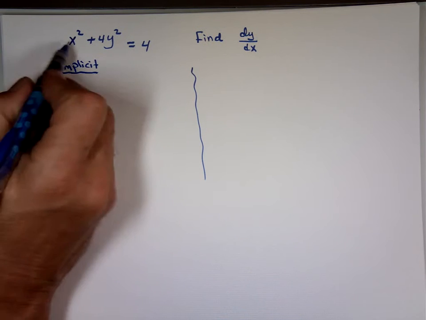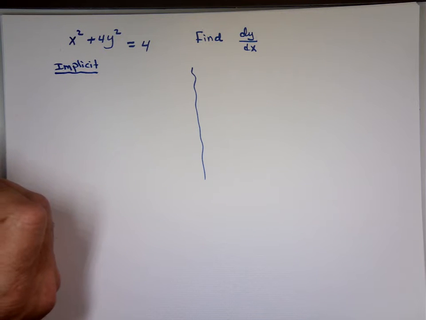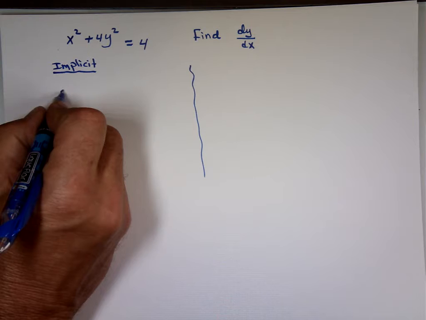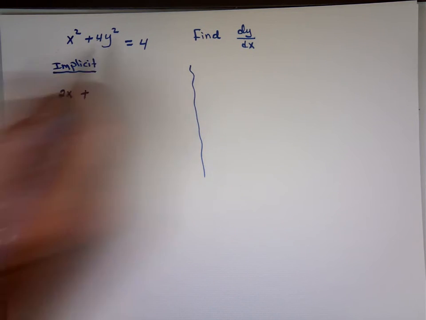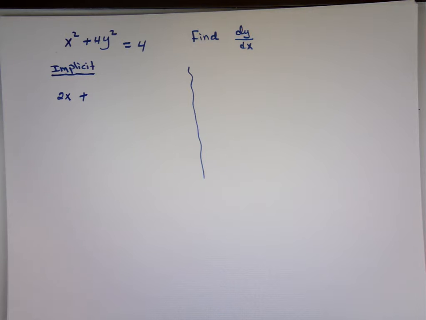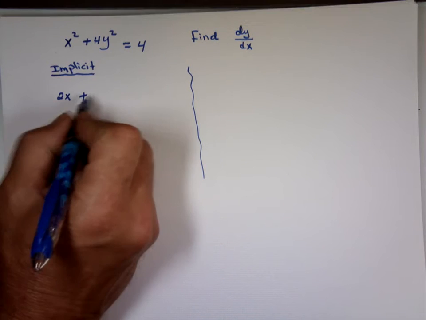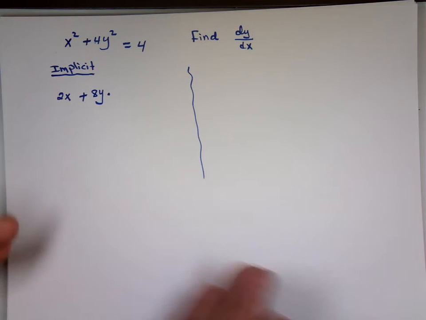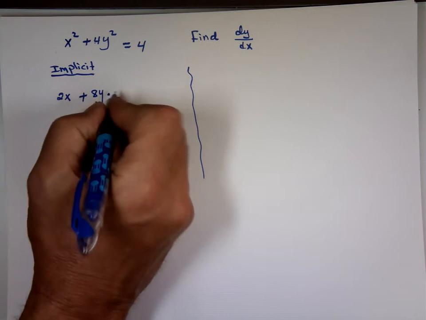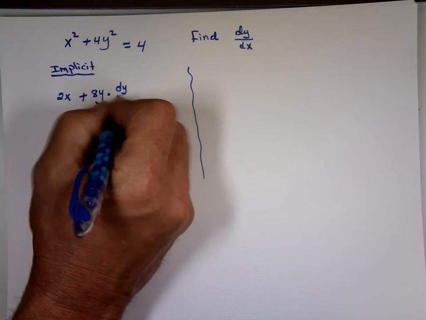The derivative of x squared is what? 2x. The derivative of that, treat y just like x. That'll be what? 8y. Don't forget to add, anytime you have anything but x, you need to add what? dy dx or y sub prime.